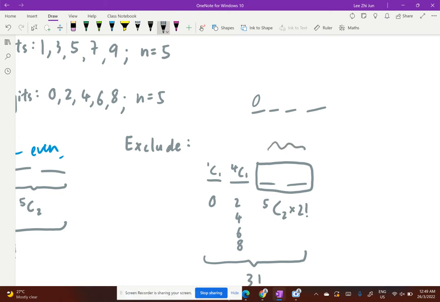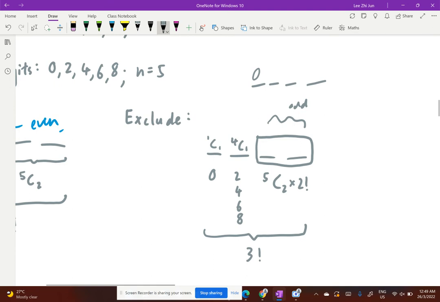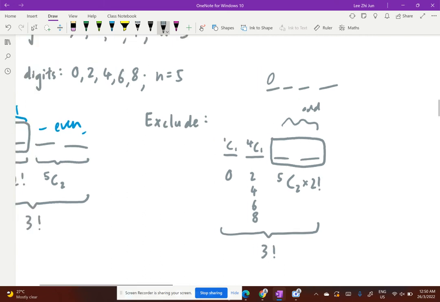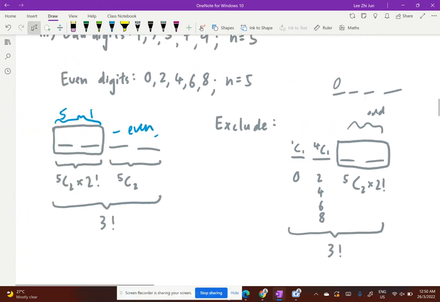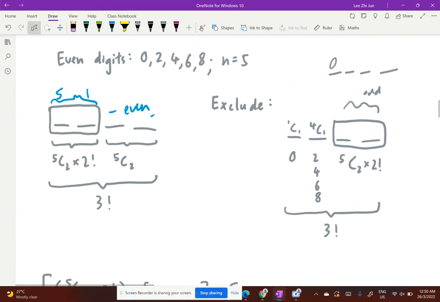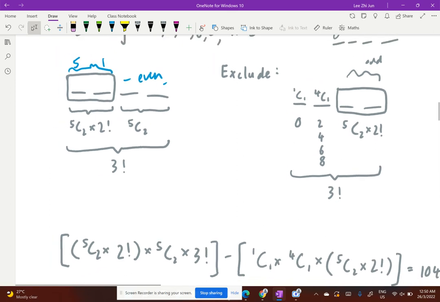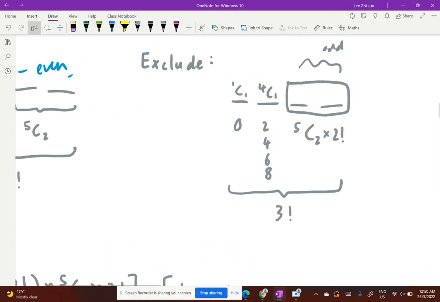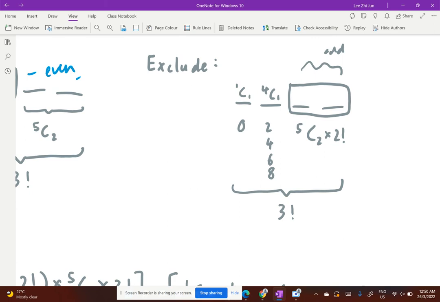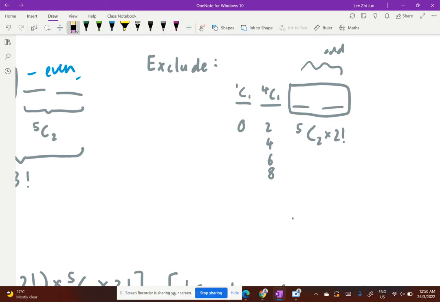And this will be the odd digits. Oh no, there's no need to count the arrangement because the zero is fixed here.